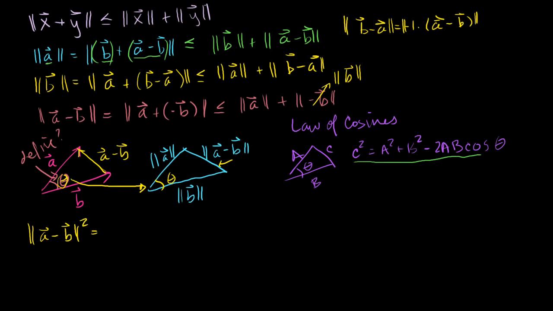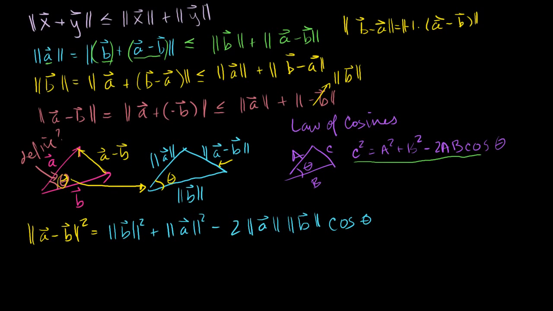It equals the length of vector b squared plus the length of vector a squared minus 2 times the length of vector A times the length of vector B times the cosine of that angle right there. And I'm defining this angle between these two vectors to be the same as this angle right there. So if we know this angle, by definition, we know that angle right there.